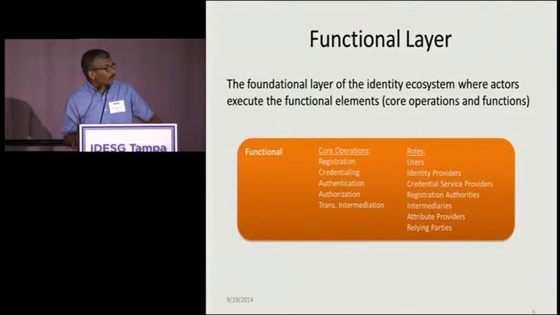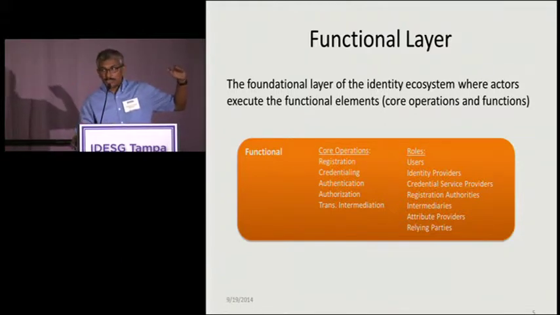The operations are registration, credentialing, authentication, authorization, and transaction intermediation. I think these are intended to cover pretty much the gamut of the operations that the ecosystem wants to provide or support. The rest of the activities that you will see, the higher layers, will be essentially targeting.